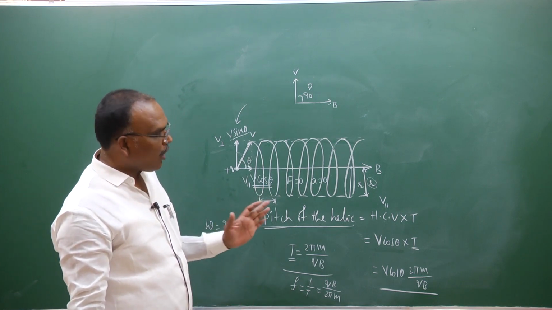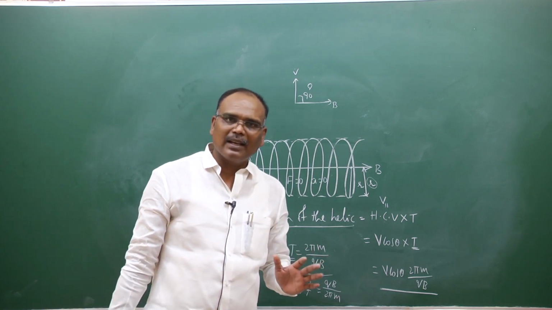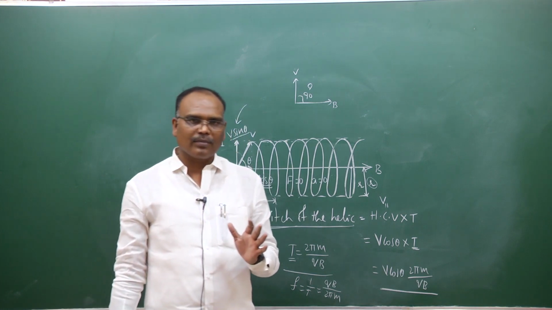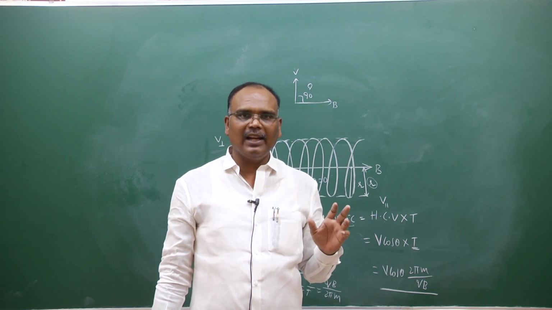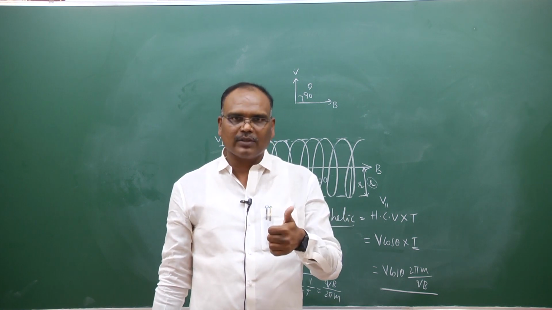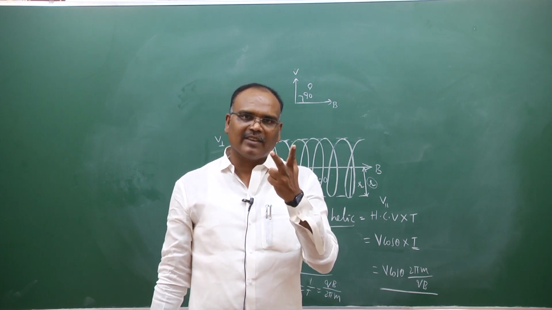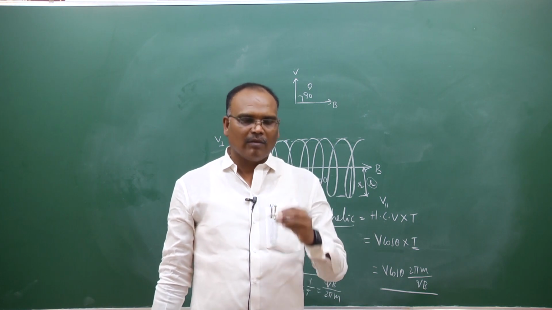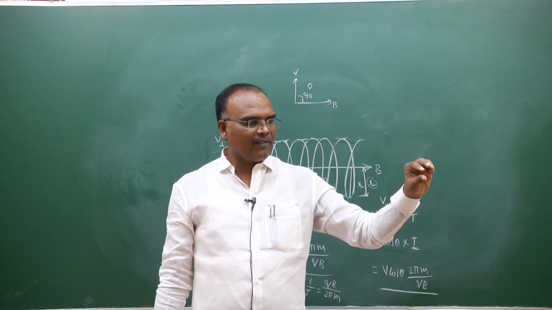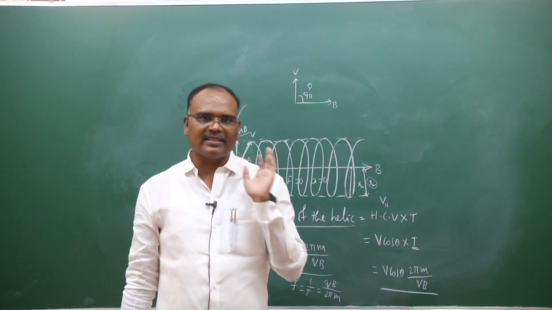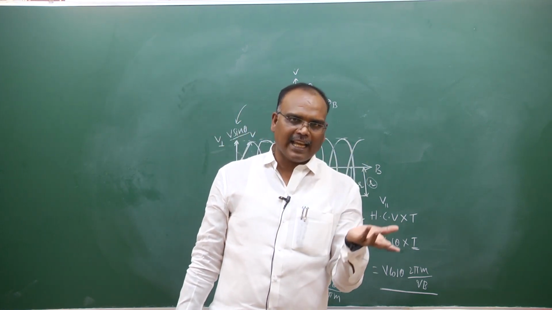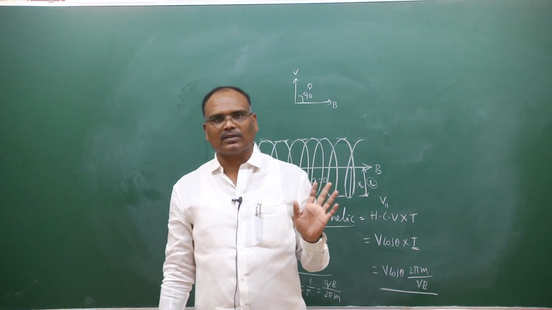After covering these concepts, the important conclusions are: when a charged particle is thrown into a uniform magnetic field, it experiences force, but in two cases it will not. When it is thrown parallel to the magnetic field, force is 0, and anti-parallel, force is 0. In all other cases, it will experience force.